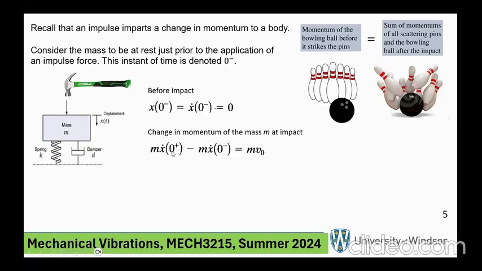Okay? In fact, we talked about the impulse momentum equation. In other words, this mv naught, which is the change in momentum of that block, is equal to the impulse due to the force that the hammer exerts on the block during that very short time.